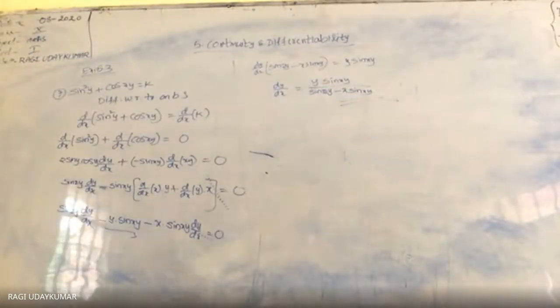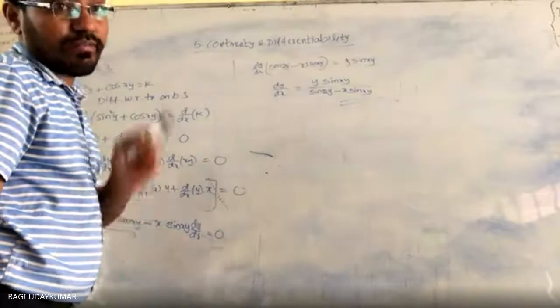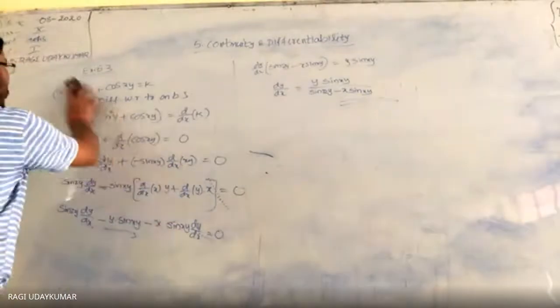Any doubt here? Is it clearly visible? Yes, sir. Is it visible? Yes, sir. Eighth problem also: sin square x plus cos square y is equal to 1.